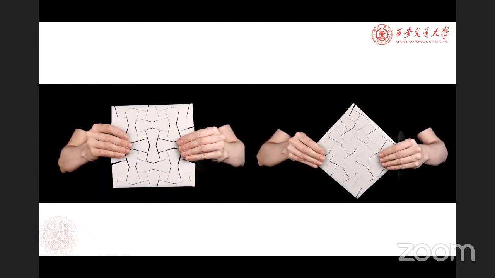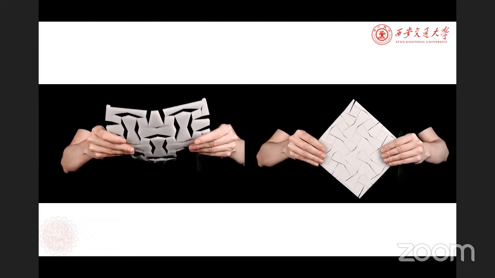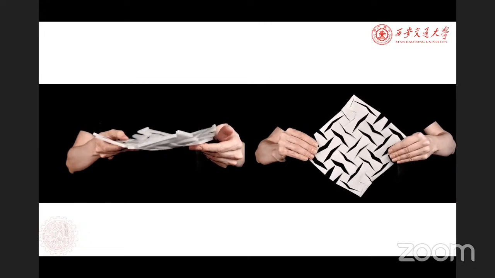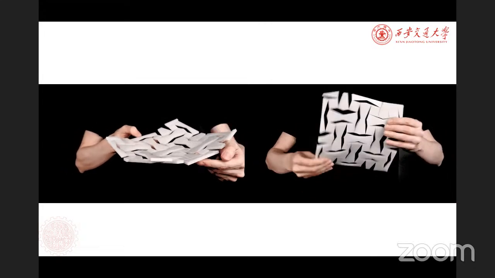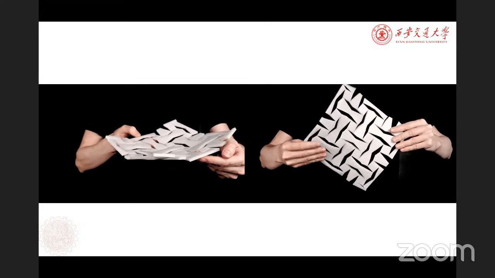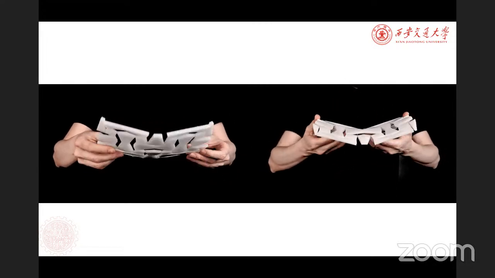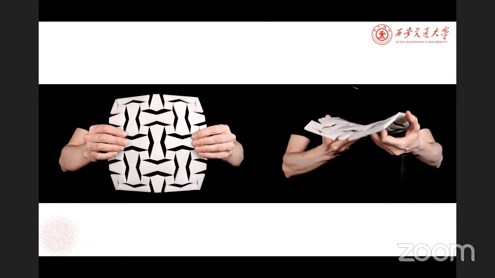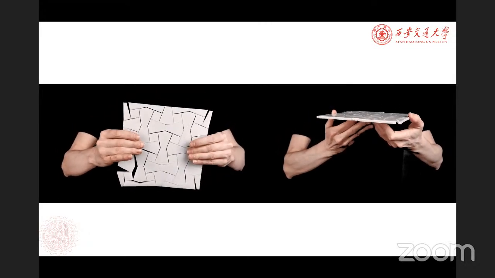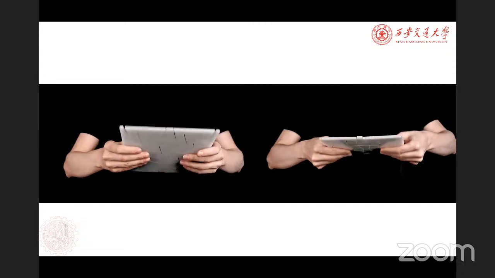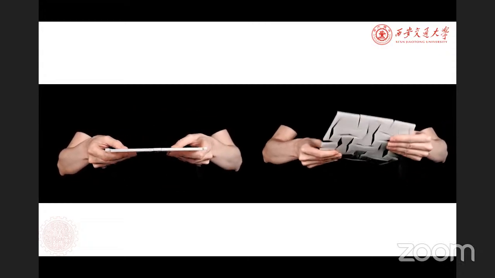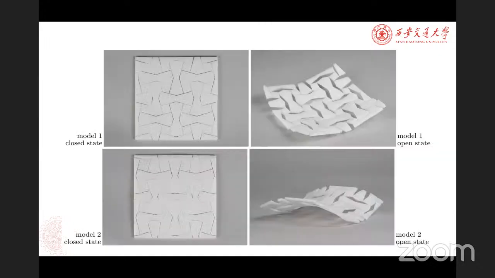For this example, we also built the physical model. Here you can find the animation, and the open states of these two structures are used to approximate a positive curvature surface on the left and a negative curvature surface on the right-hand side. And these are the photos of the physical model.